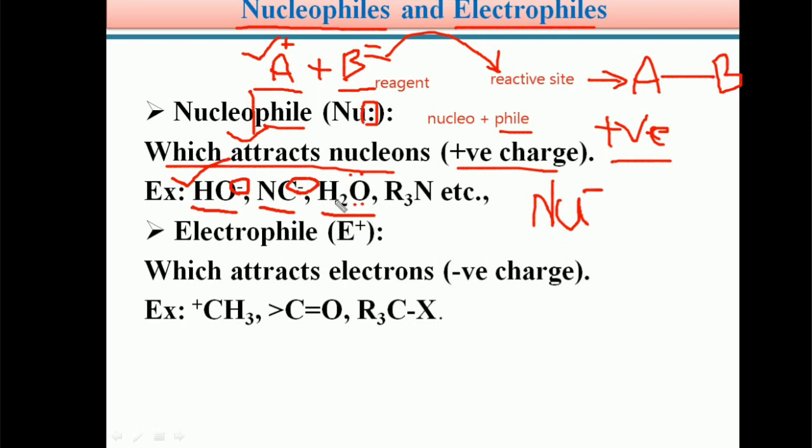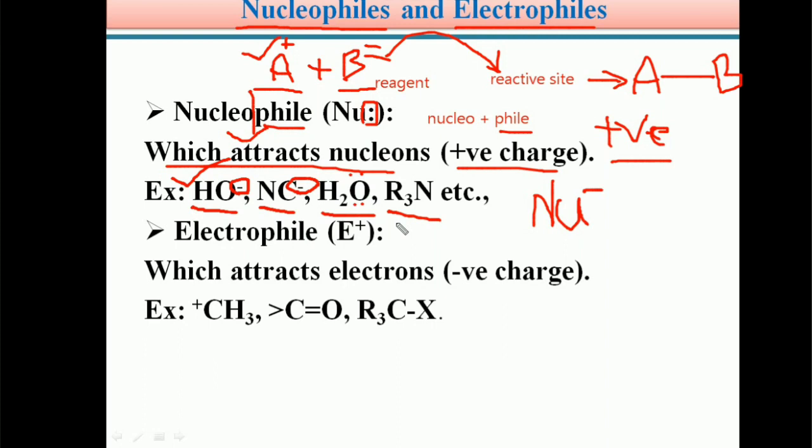Similarly, students, you can take another example, trialkyl amine, R3N. Here R means an alkyl group. That may be methyl, ethyl, propyl, aryl, allyl, vinyl, alkynyl, whatever it may be.